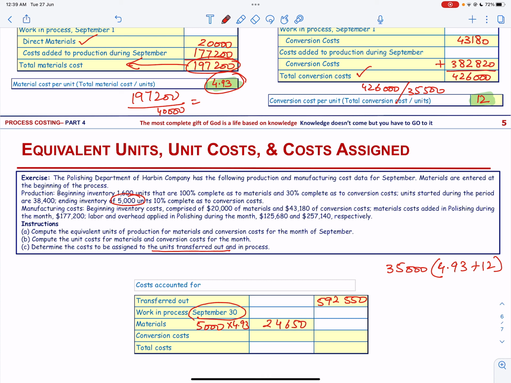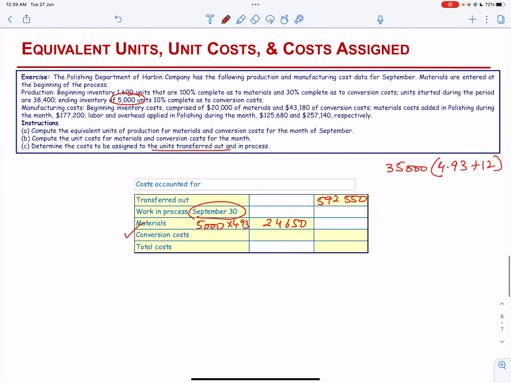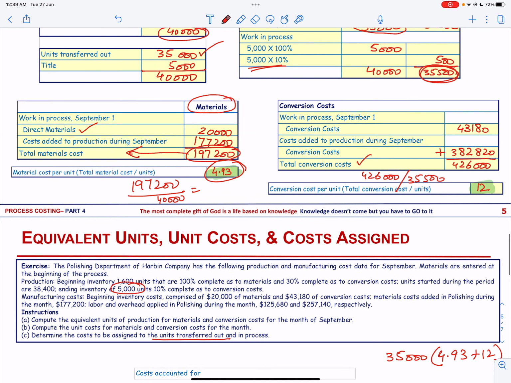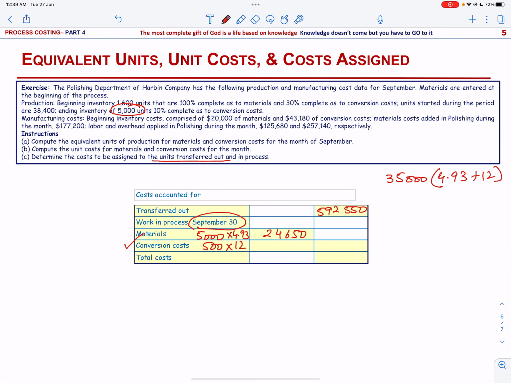And then the conversion cost of the 500 units we have calculated before. 500 times the rate, and the rate is 12 in our case. 500 times 12, that makes 6,000, and that is 30,650.